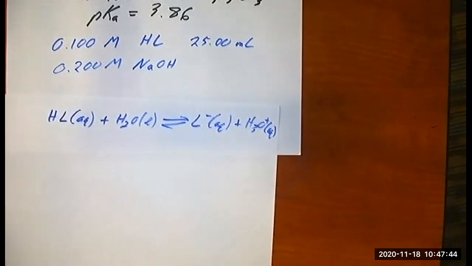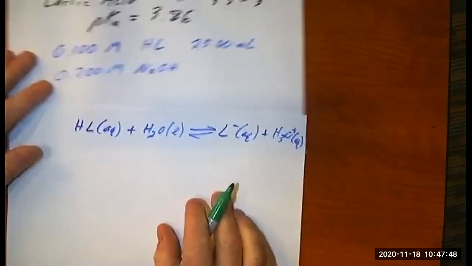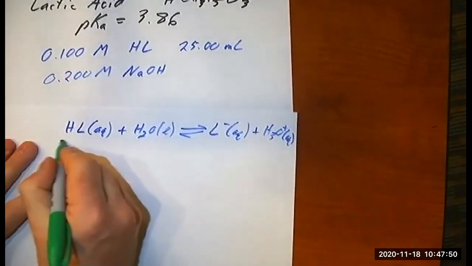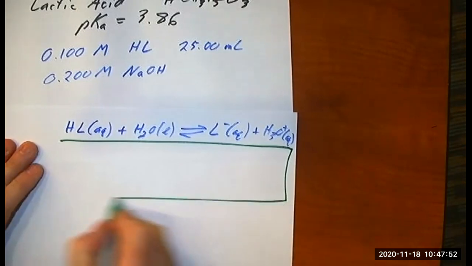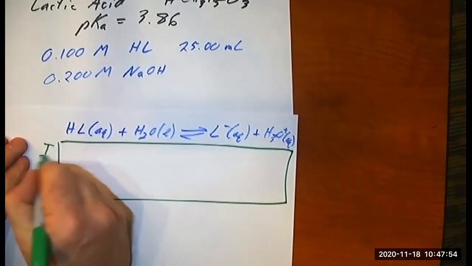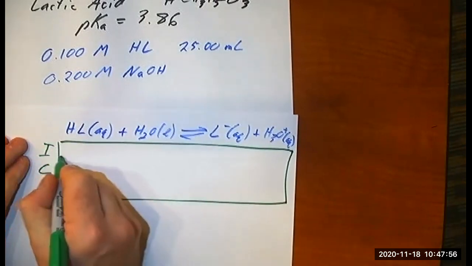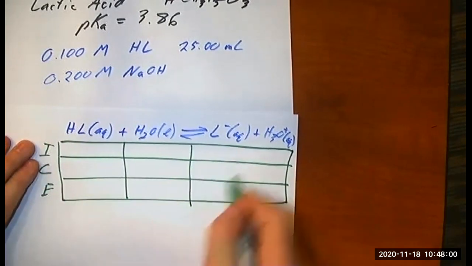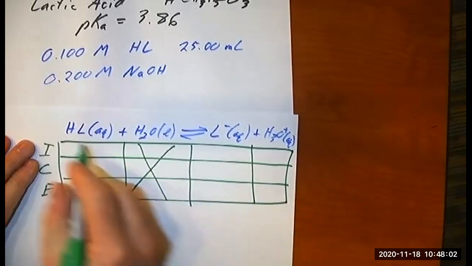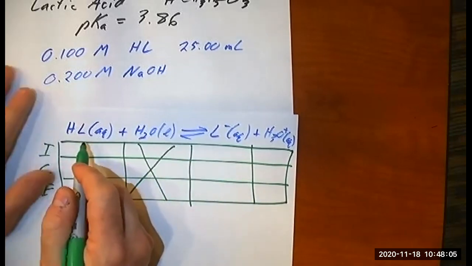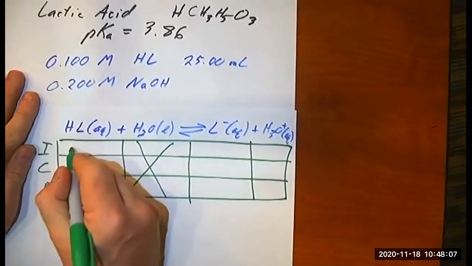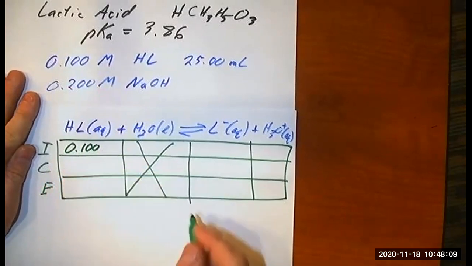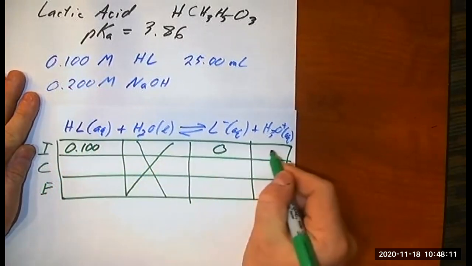My pen is running out of ink. Let's try switching to green. Okay, so in this scenario, we know our initial concentration of lactic acid because we haven't diluted it at all yet, 0.100, 0 and 0.